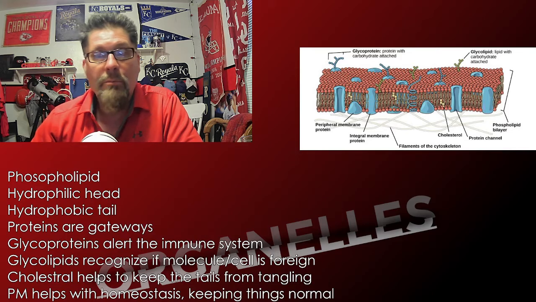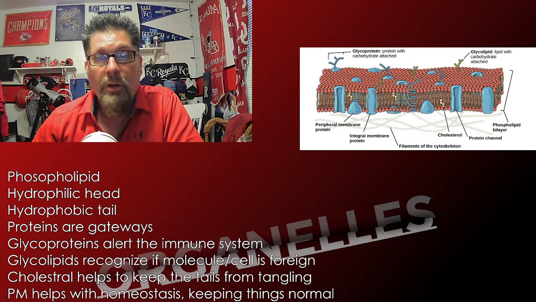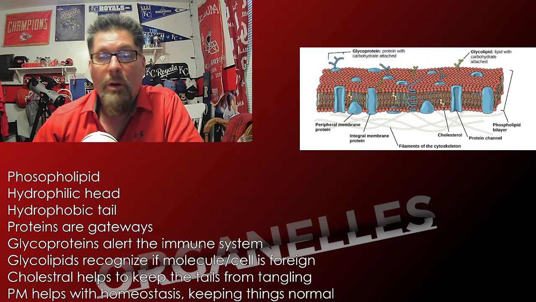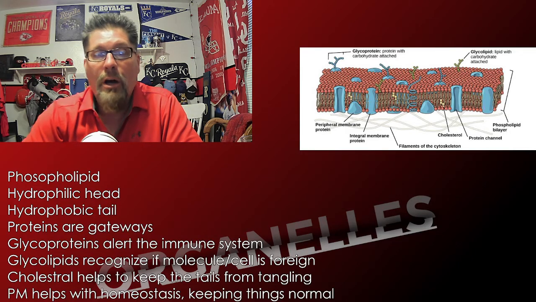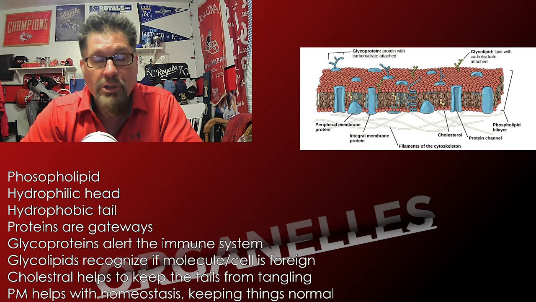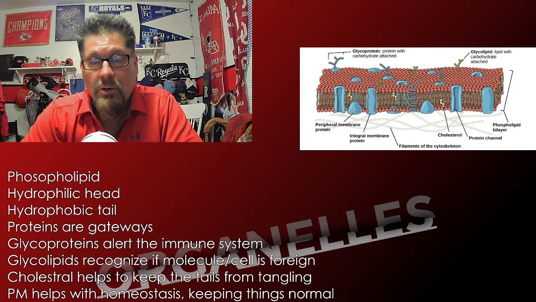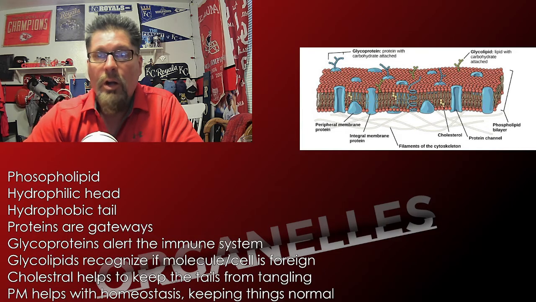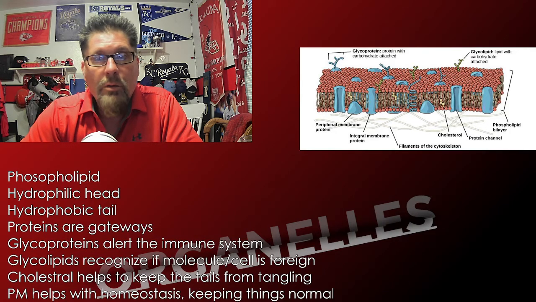One of the other things that the plasma membrane helps with is homeostasis. Hopefully you're familiar with that word, but homeostasis is the idea that your body and your cells do things to try to maintain things in the manner that they should be, like your temperature, like your pH level, like the amount of salts or water in your cells. It's a continual process. You can think about the thermostat.